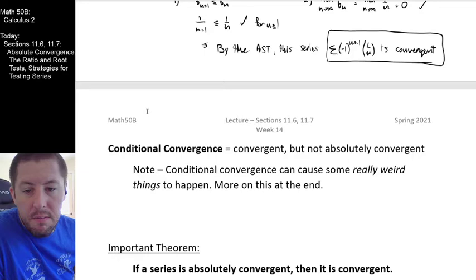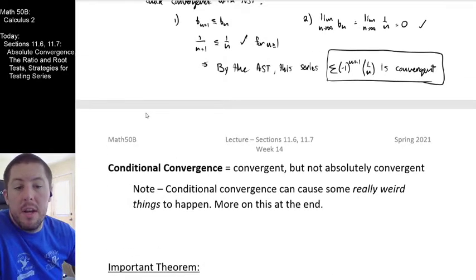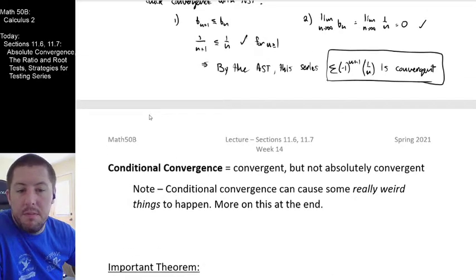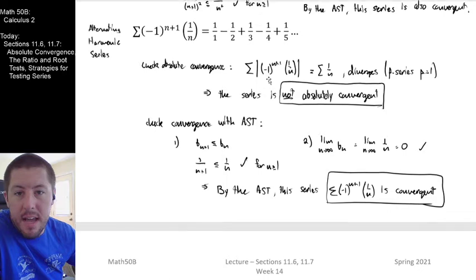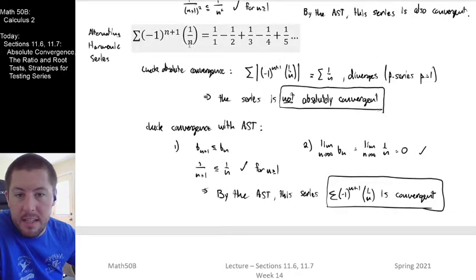So conditional convergence is when we do converge, but we don't converge in absolute value. And we are going to see at the end of this video that some really weird things can happen when a series is conditionally convergent, when it does converge, like this guy right here. In fact, we're going to look at exactly this series again at the end, and we're going to see some very strange stuff happen with this series.